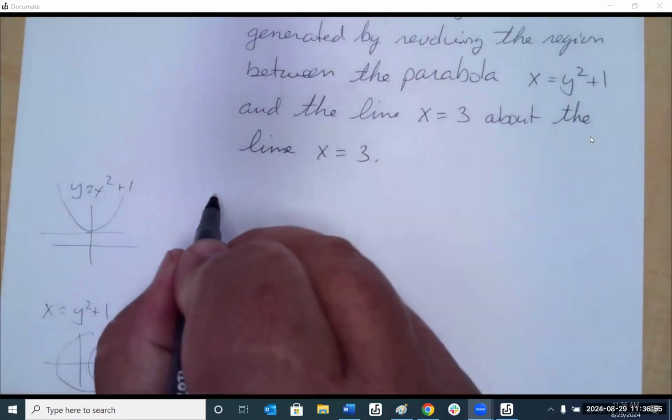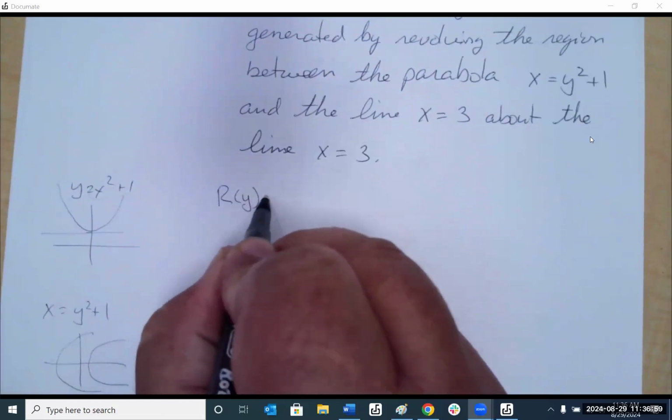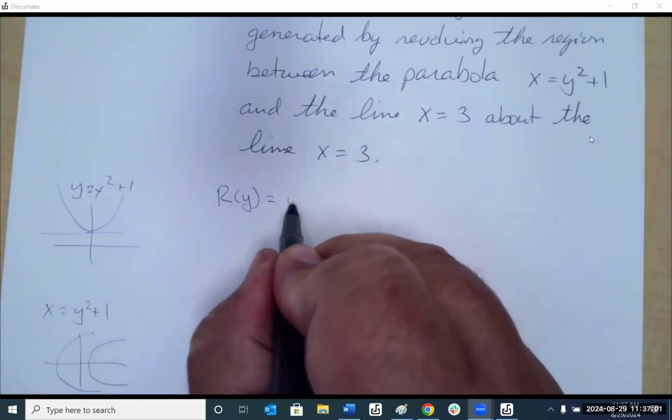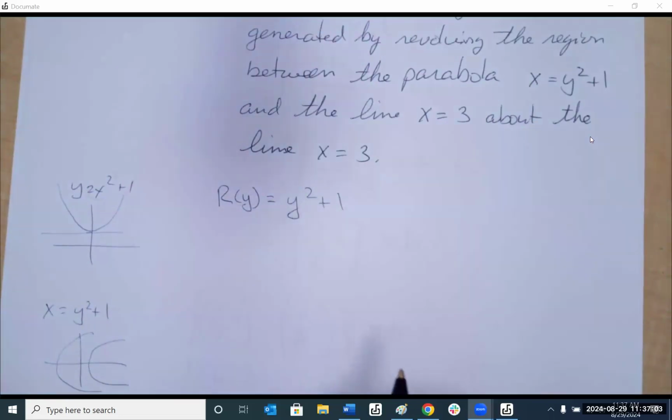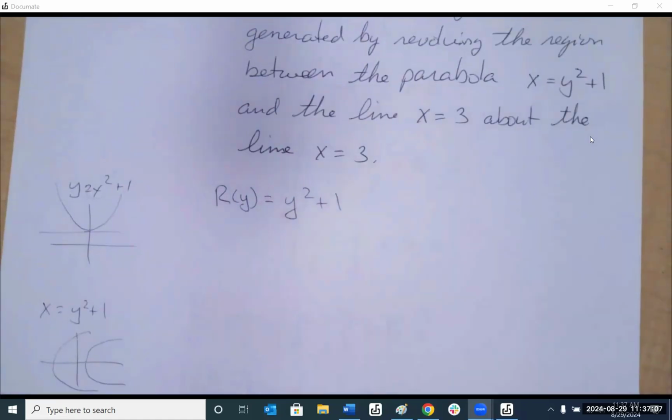But what's our, okay, now our function r of y is y squared plus 1. What are our bounds of integration? But think about this.